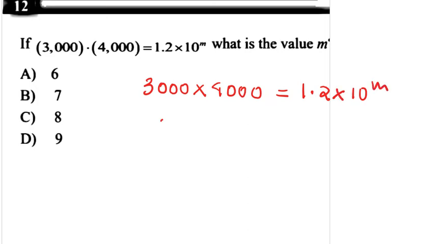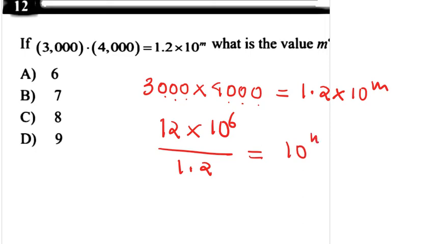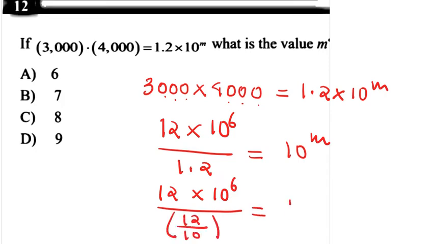Now, 4 3s are 12 into 10 to the power 1 2 3 4 5 6, divided by 1.2 is equal to 10 to the power m. So that over here will come as 12 into 10 to the power 6, 12 divided by 10. If you remove the point towards the right-hand side, you will get it divided by 10.